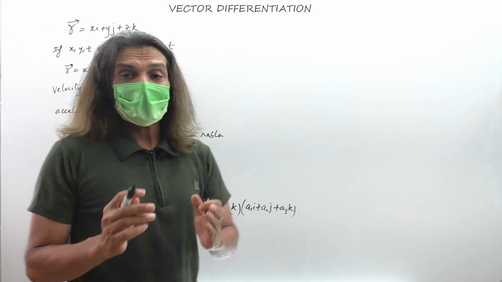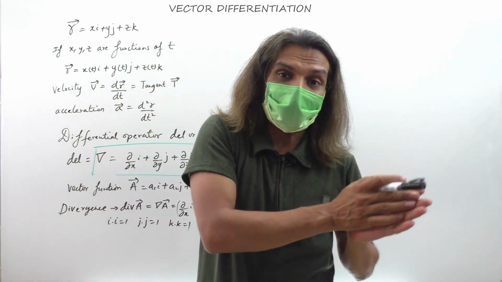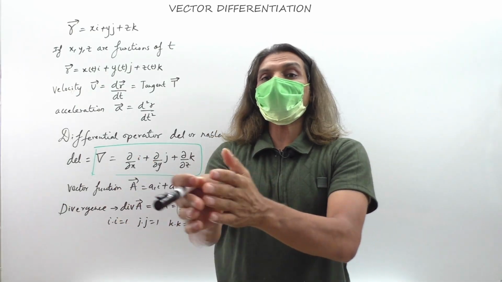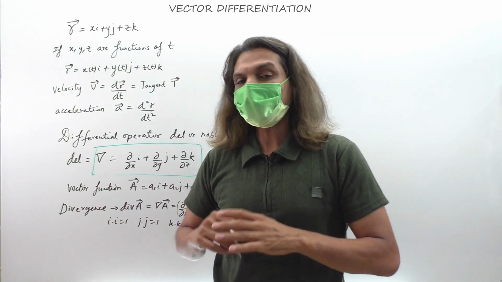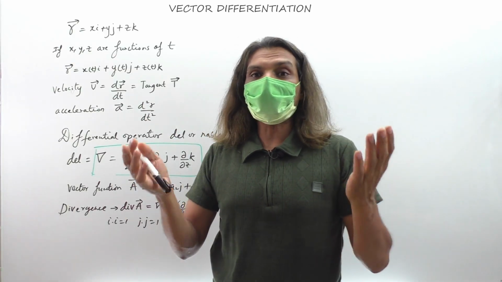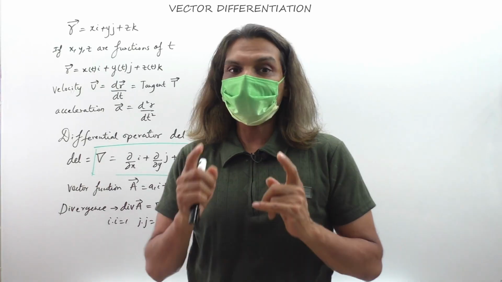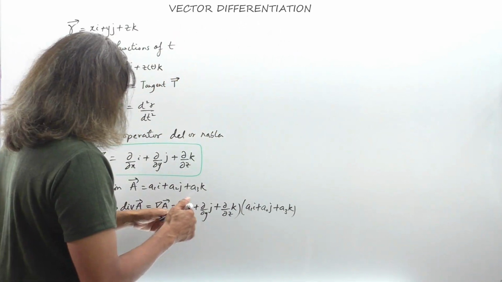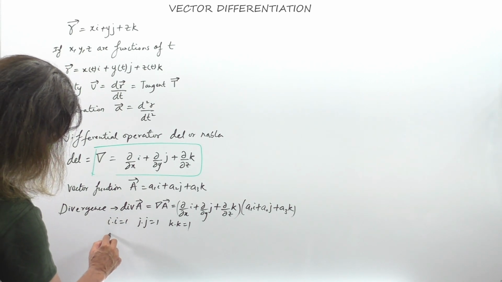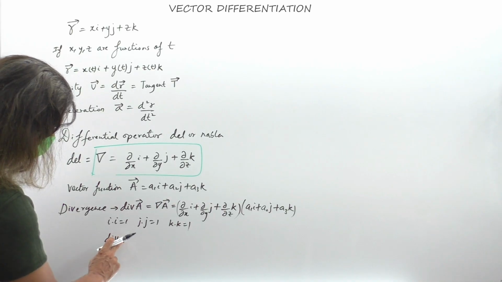Now what happens, i goes to i, that means i multiplied by i in the dot product becomes 1, j multiplied by j becomes 1 and k goes to k to become 1 always. Okay, whereas i into j, j into k, everything will be 0. So we are not bothered with it. Only where there is i, it will always go to i to become 1. j will go to j to become 1 and k will go to k to become 1. So the divergence of this is written as what? So div of A vector is equal to how much now?